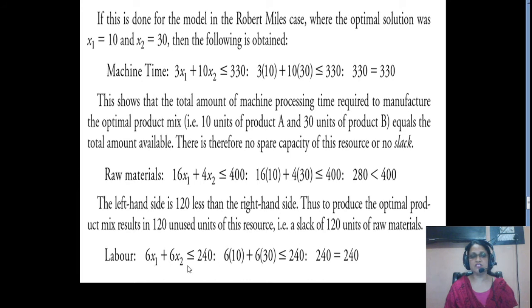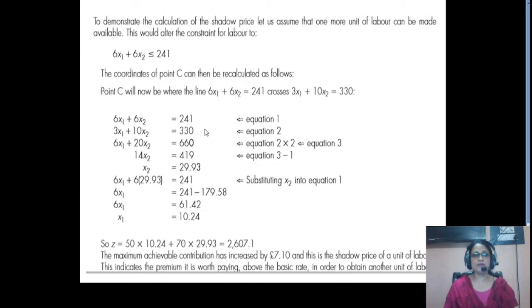This is the equation which we are following. So we are purchasing 1 unit of labor hour, so 240 will become 241, right? So the new coordinates will be point C'. Point C will now be given by 6x1 plus 6x2 is equal to 241, crossed with 3x1 plus 10x2 is equal to 330. So we'll be finding the new values of x1 and x2, right?